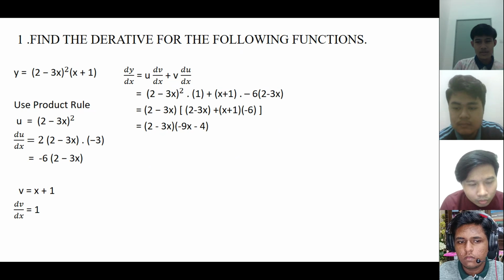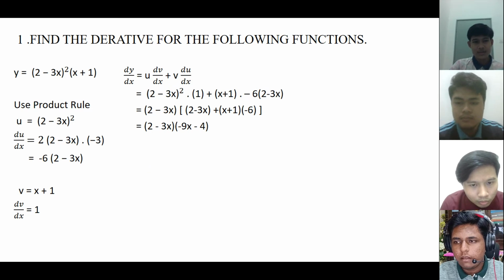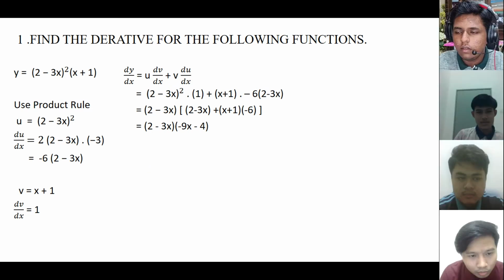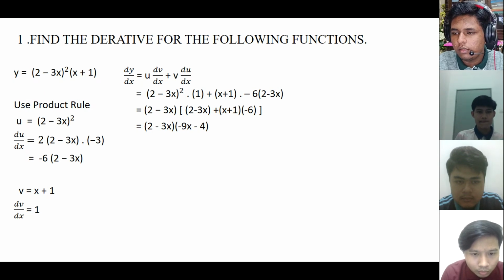This question will be solved by Alignment. So the first question is y equal to bracket 2 minus 3x squared multiply x plus 1.